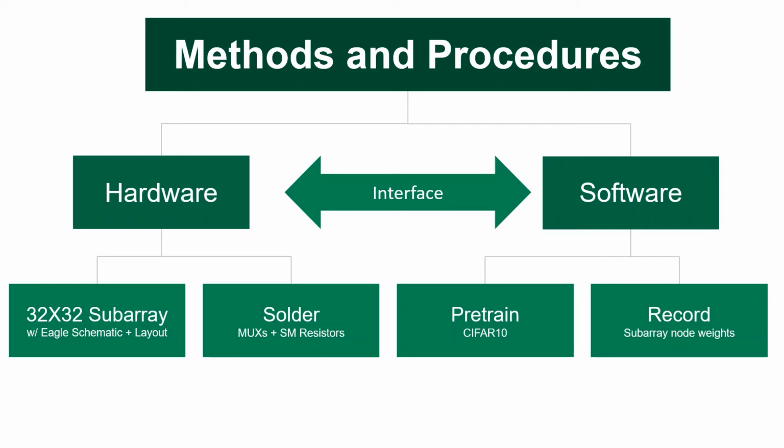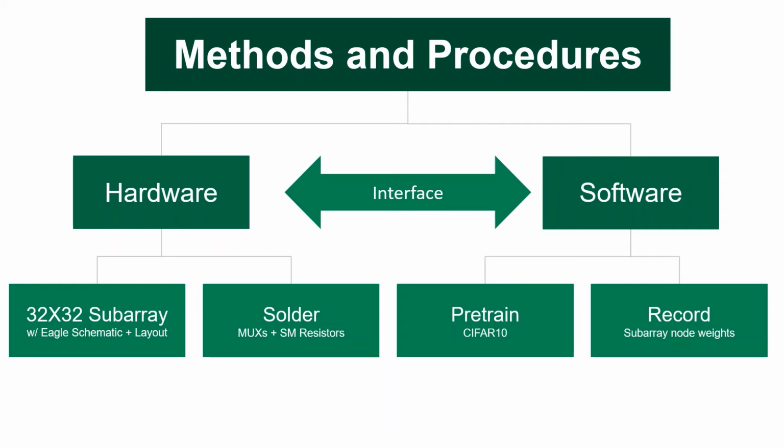On the software end of things, our main method first was to pre-train on the CIFAR10 dataset. This was important because we wanted to ensure that our neural network in software had the best possible accuracy. Then we recorded the subarray node weights.